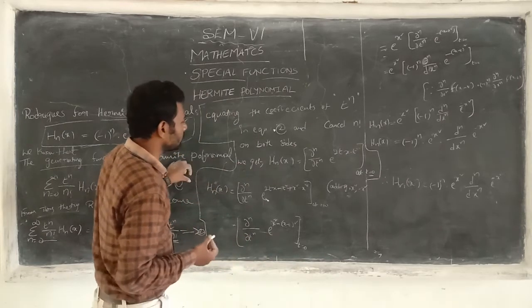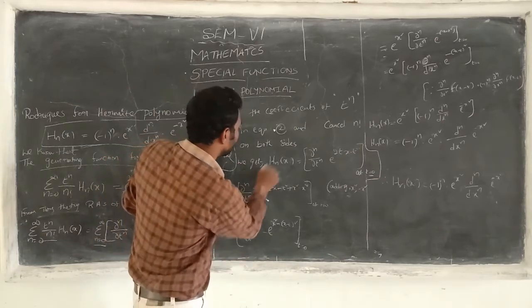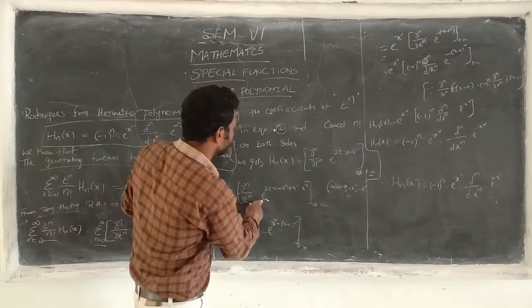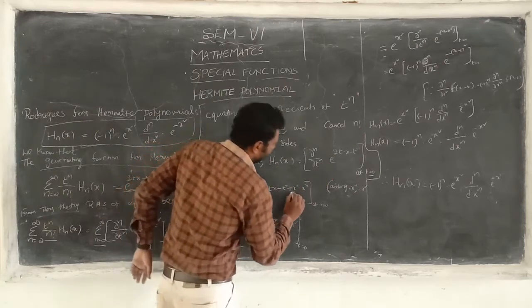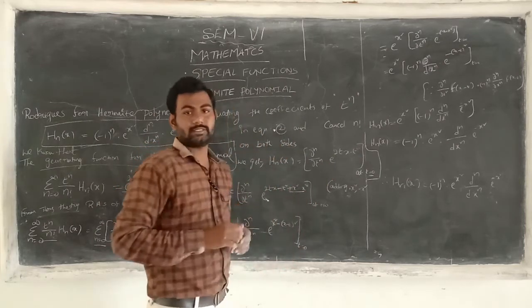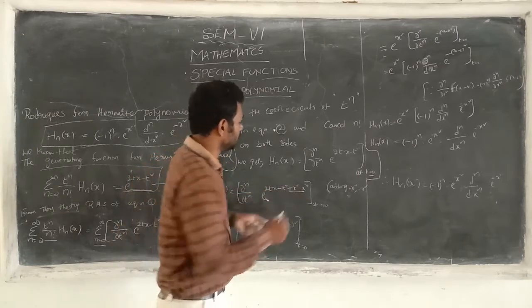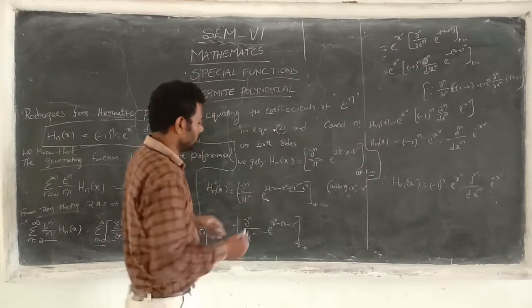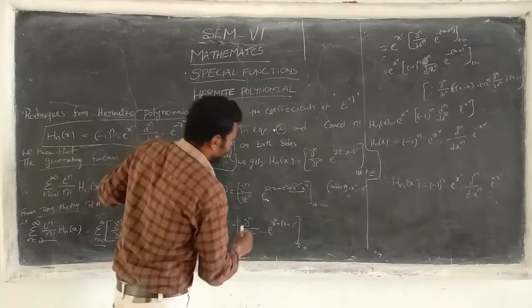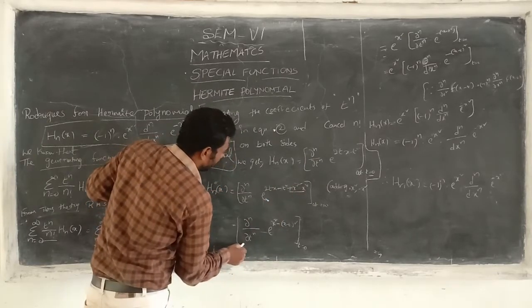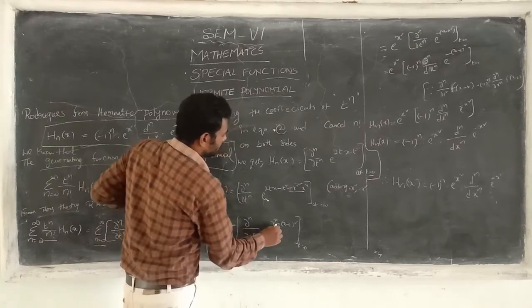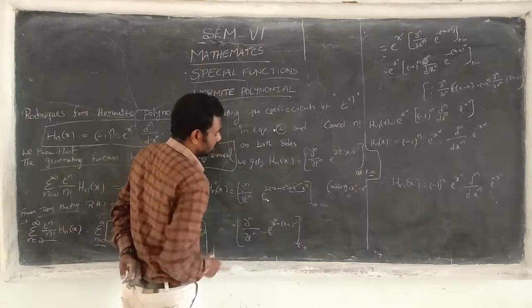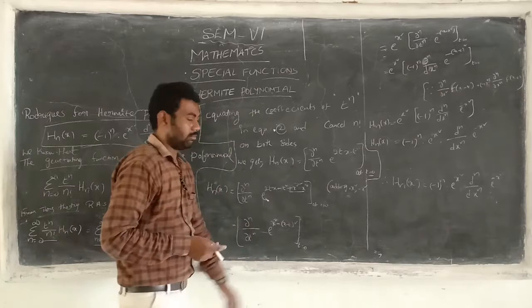Next step, dou n by dou t power n of e power 2xt. So just adding plus x square minus x square, which is 0, so there is no change in this equation. Just adding x square minus x square. Next, dou n by dou t power n of e power x square minus x minus t whole square.